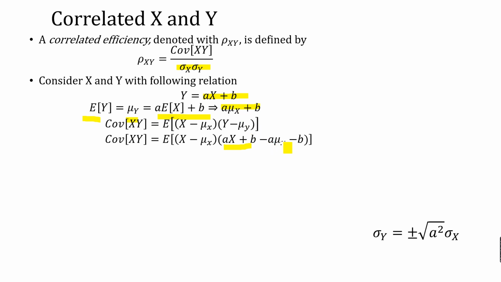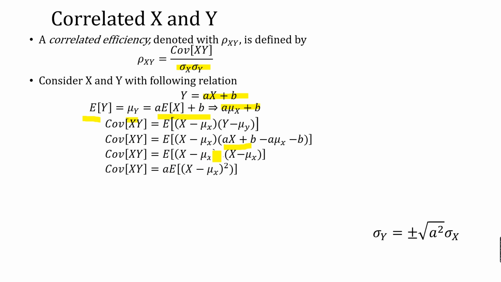So minus of a mu of x minus b, because of this minus sign. Alright, plus b and minus b cancel each other. After simplification, a is a constant, so take it outside, and we get a times E of (x minus mu of x) whole squared.